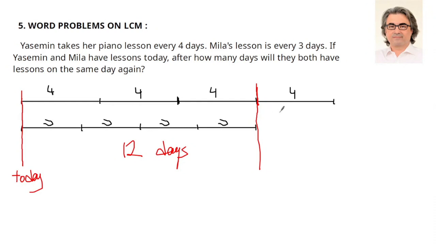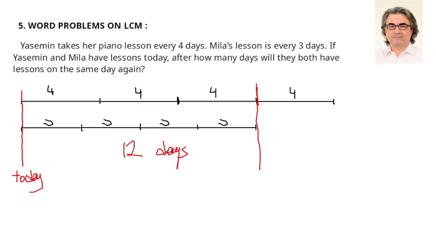And this is a kind of period. So every 12 days, they will take the lesson on the same day. So after how many days will they both have lessons on the same day again? The result is 12, by making this operation, by sketching these line segments.